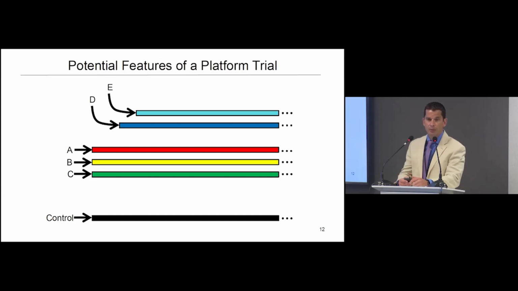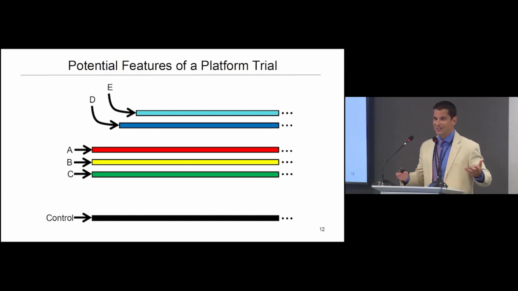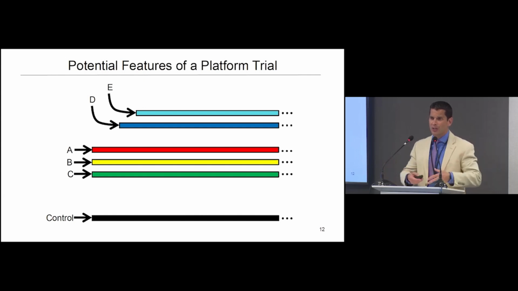For example, you might say, we have new interventions that we've learned about that we'd love to introduce into this trial. The traditional way of dealing with this is to start a whole new trial. But this is saying, we already have an infrastructure here, we already have the sites. It is so much more efficient to just embed these new interventions within the existing platform trial we have.